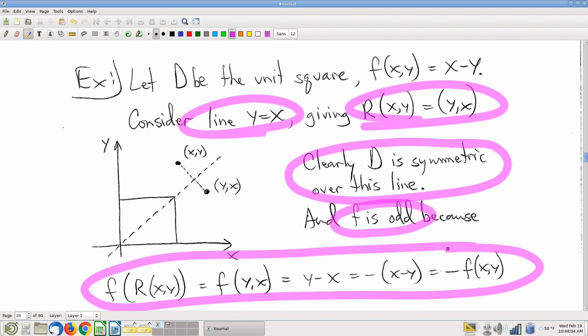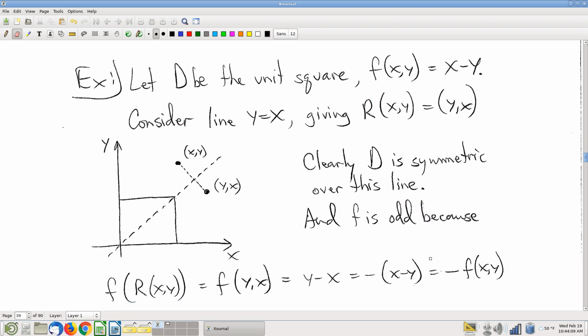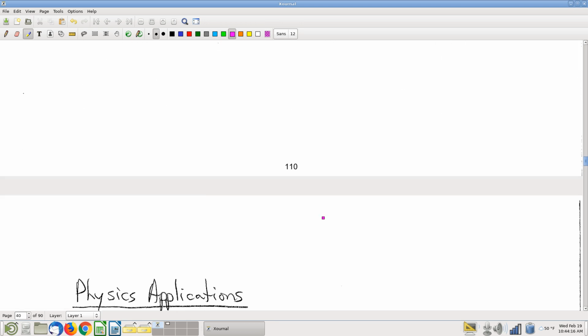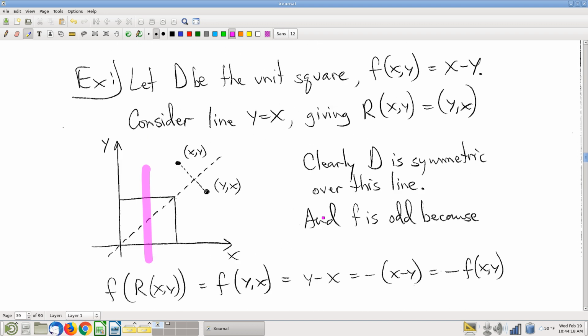Yeah? How would you do this if you constructed a line which went through the middle of this square? Well, then we'd have a different formula for reflection. Let's see, I guess I don't have one of those in play. So this is just a different sort of clever move that you've got to notice. Reflecting over that line, when you reflect this point, you get that point. They have the same y coordinate, clearly.